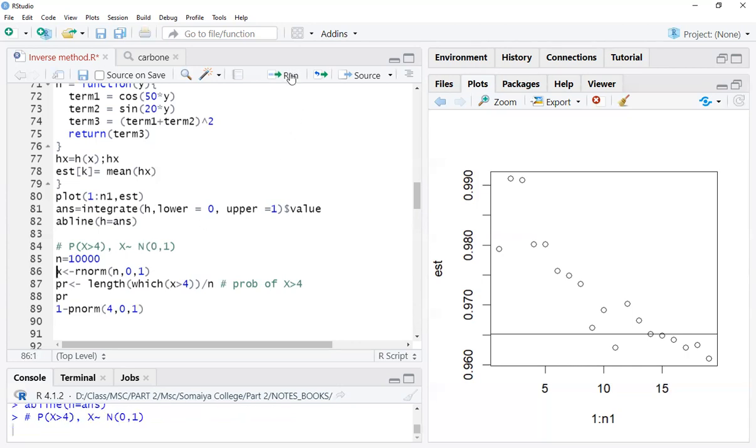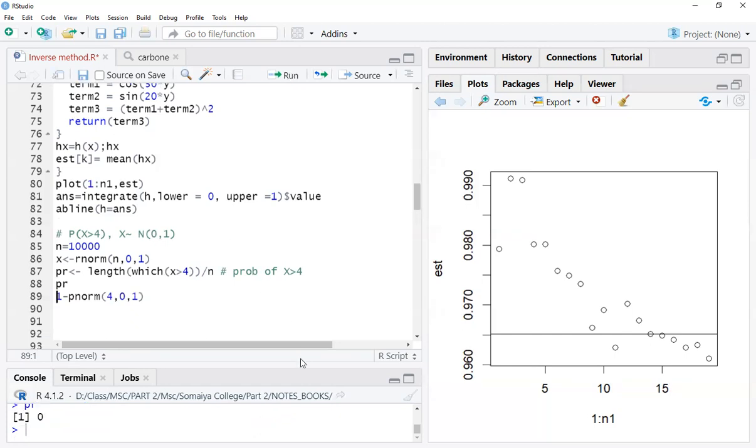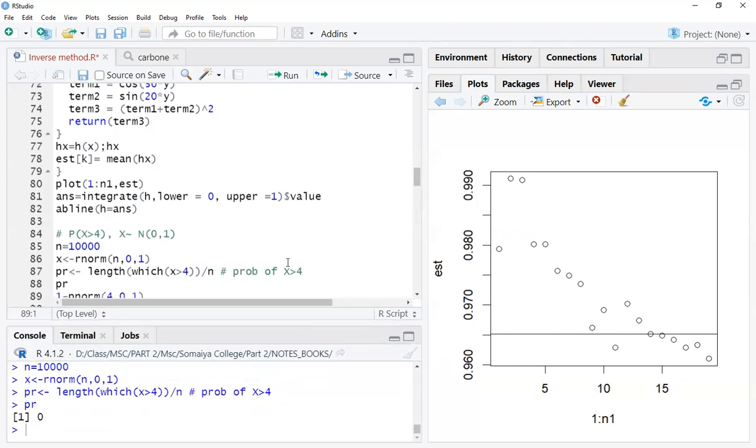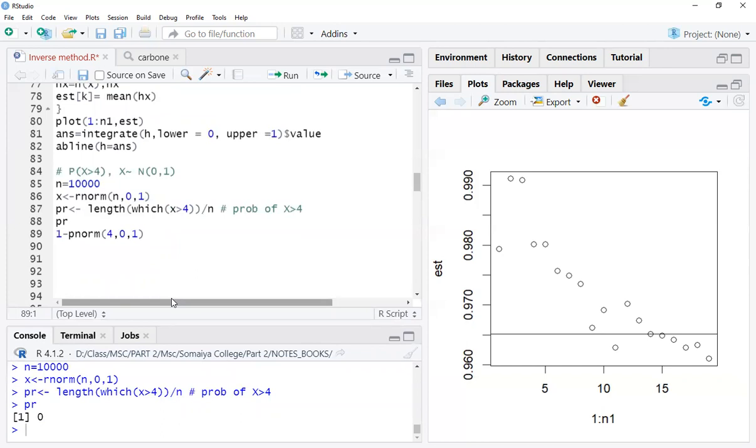This is generating 10,000 observations from the normal and getting the probability value. Look at this probability, hardly anything is coming. That means it is coming 0 itself, meaning there is no observation generated from this x whose value is greater than 4. No observations we are getting.